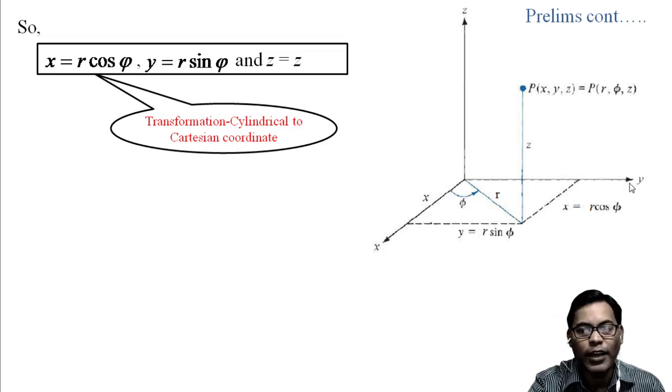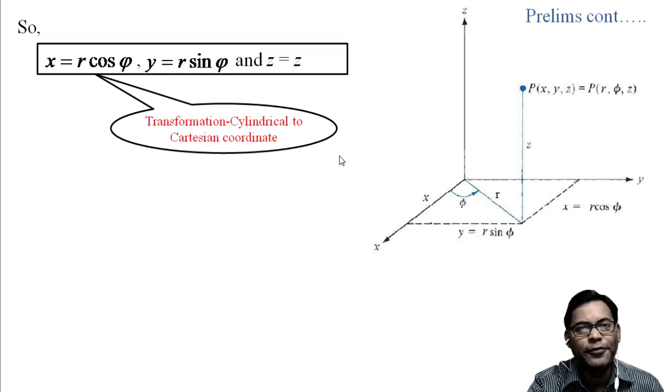Similarly, we can get y equals r sin phi, and z will be same, z equals z. Now we can see that if z, phi and r are given to us, then we can transform the problem into the Cartesian coordinate system by this relationship. That is, we can find out x, y and z.